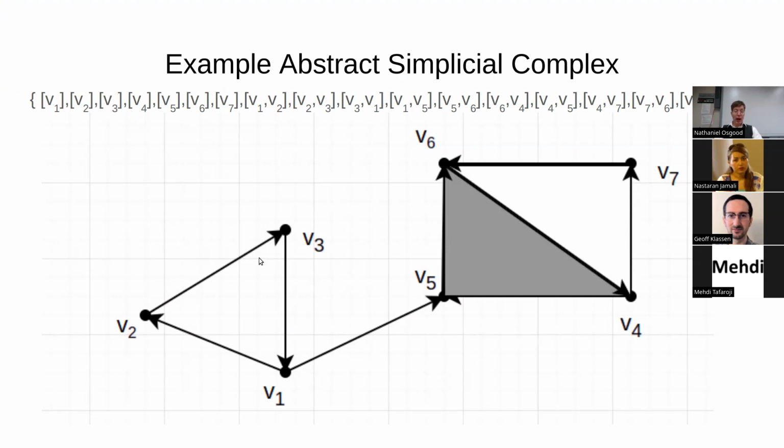Just as a vertex here involves a single vertex and an edge involves 2, the triangle here involves 3 vertices, but more than that, it involves 3 sides, 3 edges. But it's something more than that.